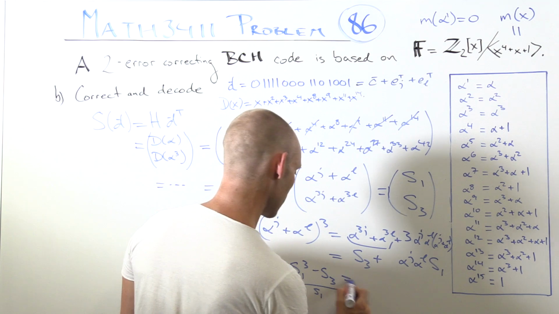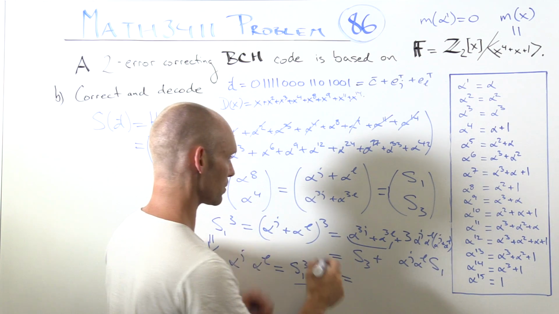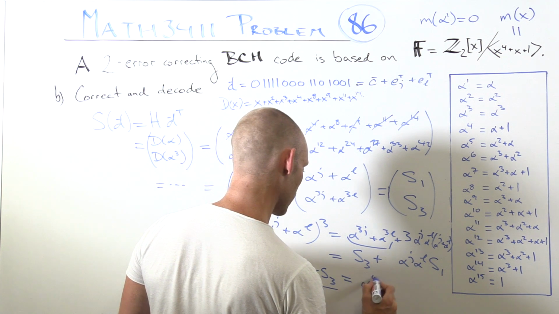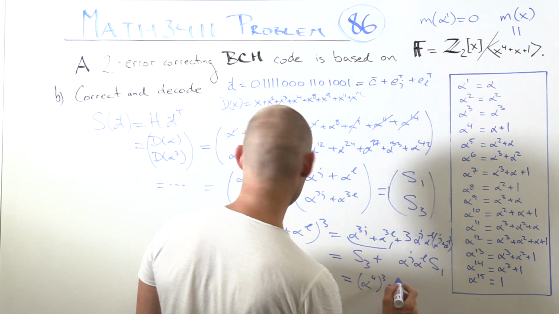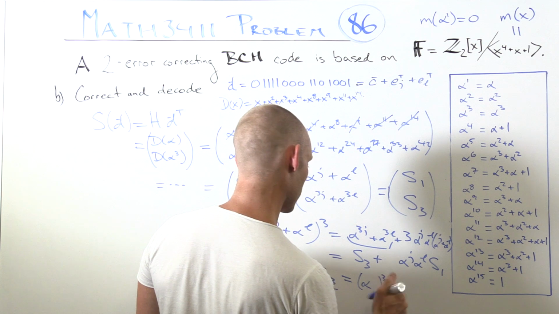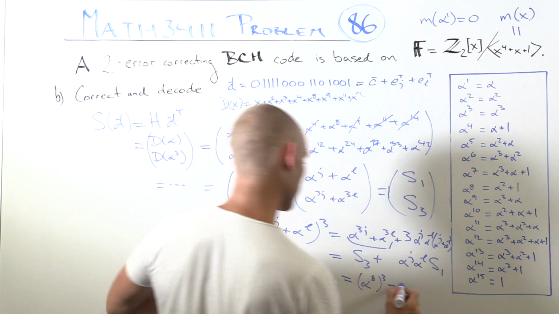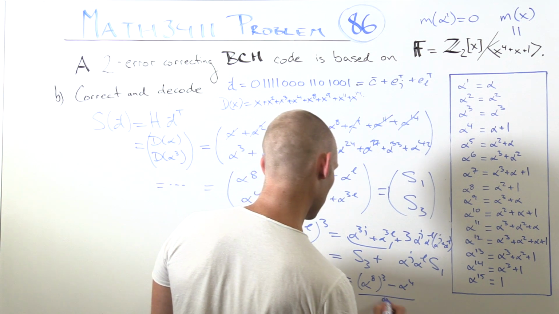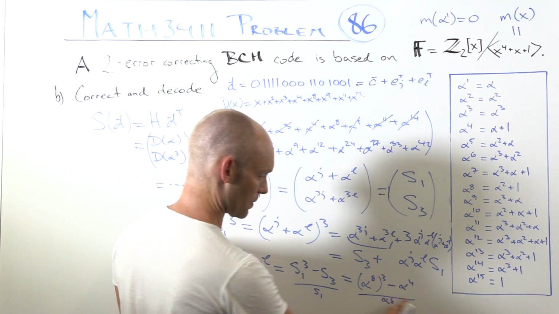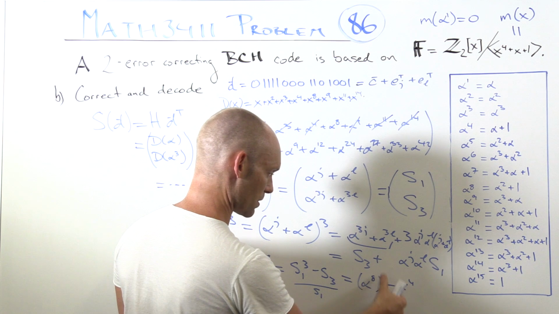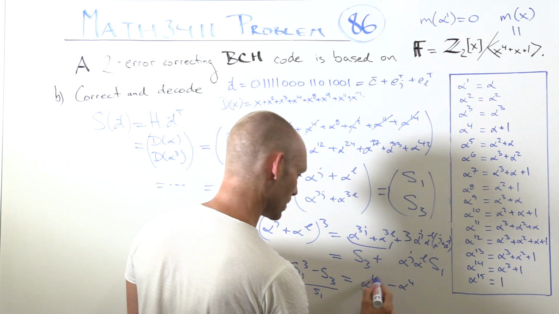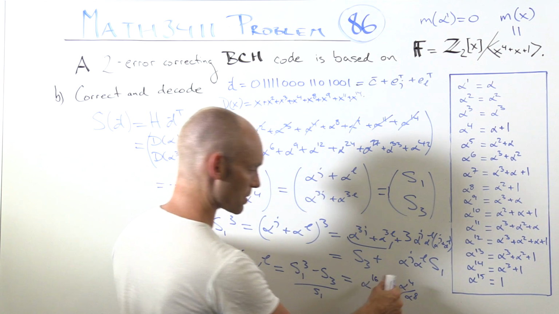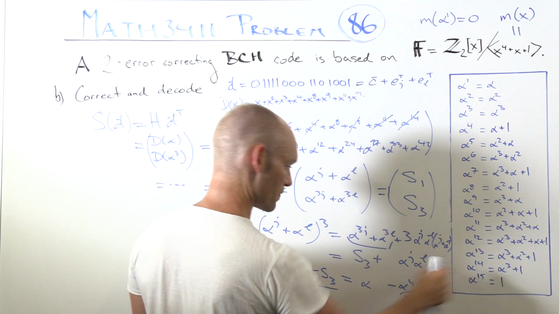So that gives you some expression, and I'll just calculate that and then tell you why I'm doing all of this. So that's alpha to the power of 4 to the power of 12 cubed minus S3, which was alpha to the power of 4, divided by S1, which is alpha to the power of 8. So here we can write this as alpha to the power of 2, or in other words 16, divided by 8. Alpha to the power of 16 is just alpha, using this fact here.